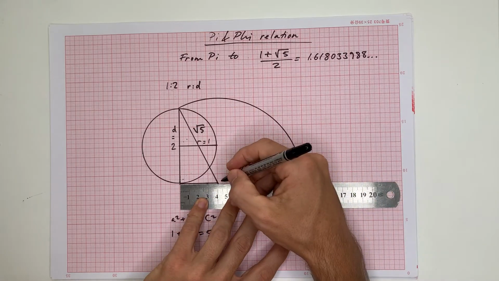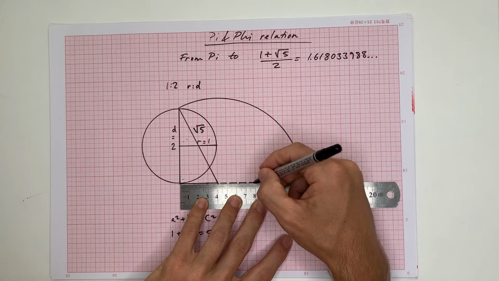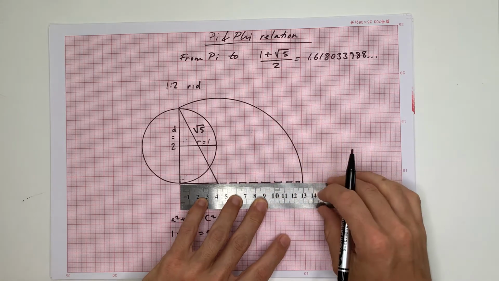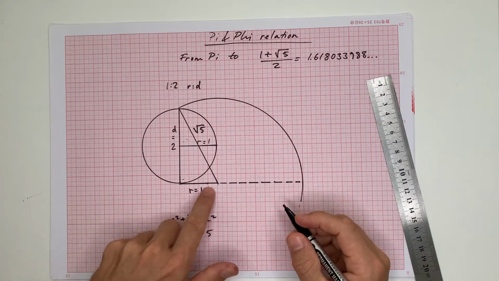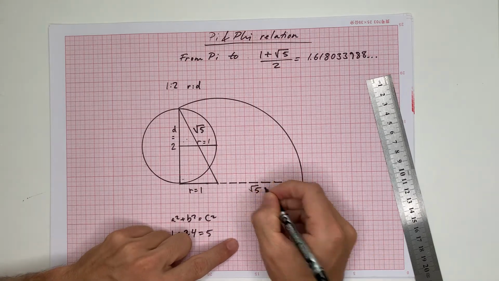So here I'm drawing the distance of root 5. I do it like this instead, so you see there's a difference. So here the first line is 1, the radius, and here we have root 5.